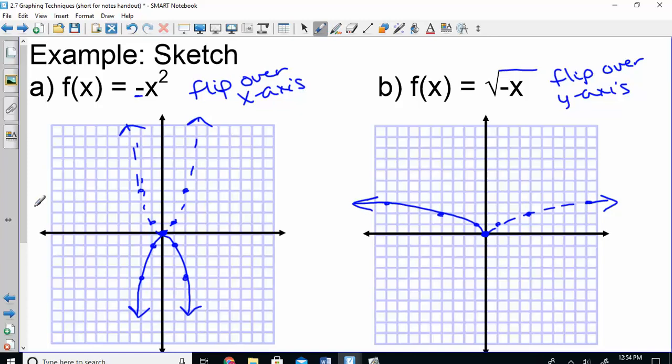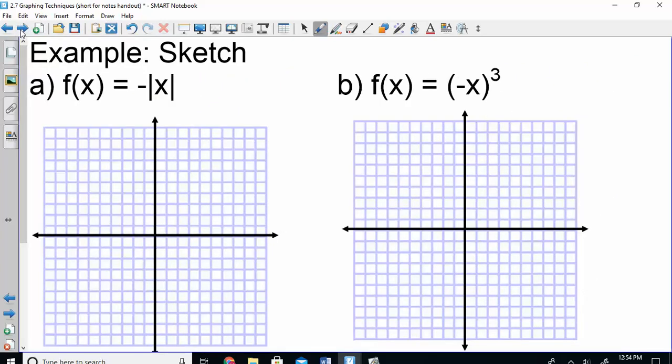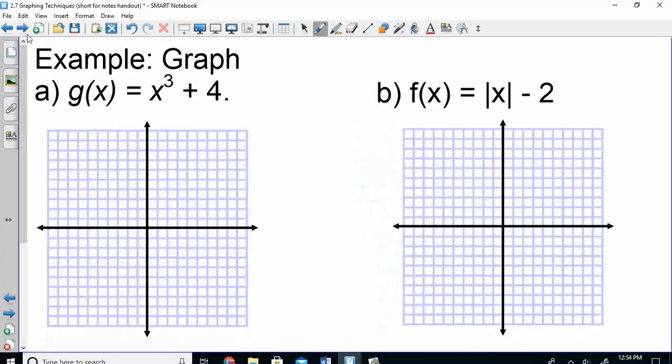Is that one okay with everyone? I have some more examples of this. Do you think we can skip those? Do we need them? This one would flip over the x. It's on the outside, so it makes your y's negative. This one would flip over the y, because it's on the inside, it's making your x's negative.